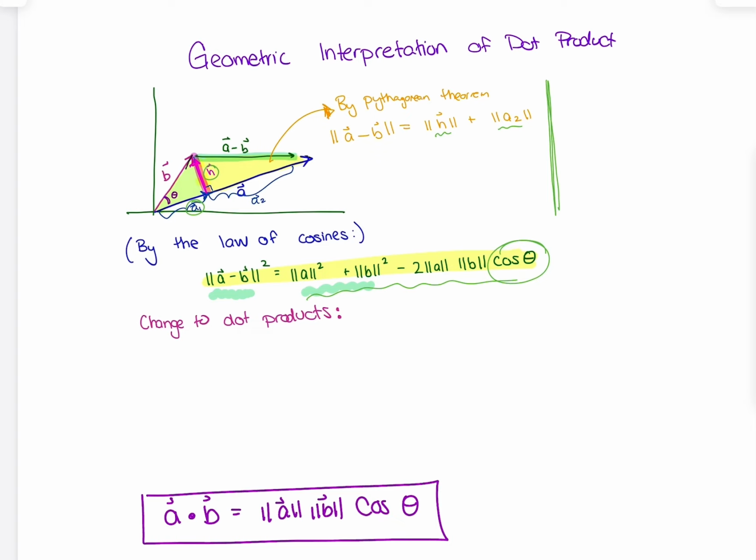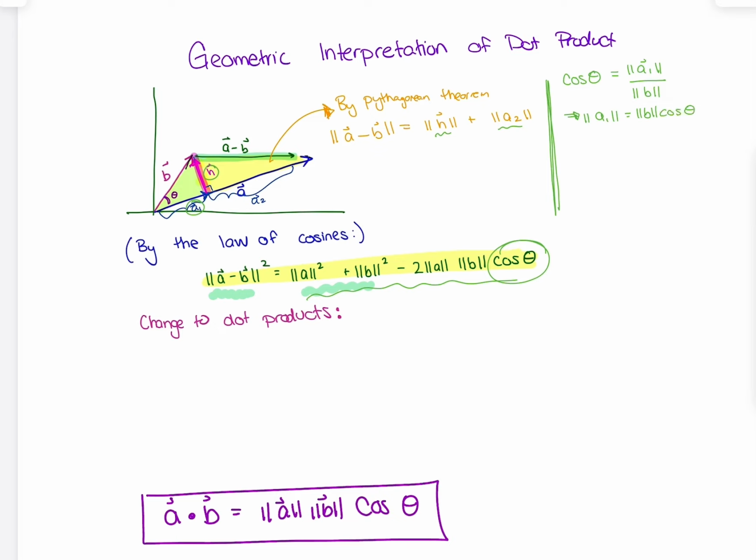So I see that cosine of theta is going to be the magnitude of that A1 vector over the magnitude of that B vector, which gives me that magnitude of A1 is equal to magnitude of B cosine theta.